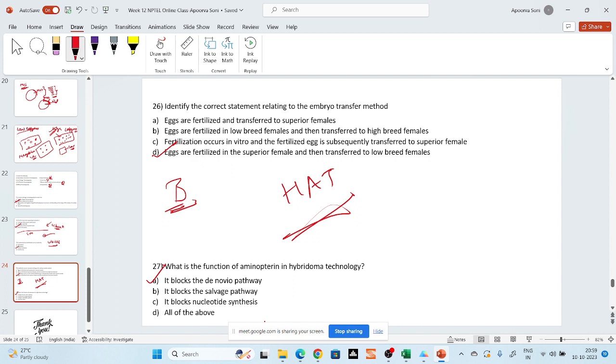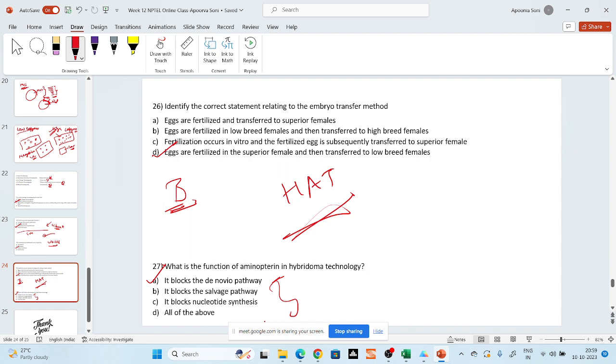But see, that is how you have to select. Here you have one specific answer. Suppose you have a question: what is the function of aminopterin? First option, it provides us nutrients; second, it blocks the nucleotide synthesis pathway; third, it is required for the proper growth of B cells; and D is all of the above.